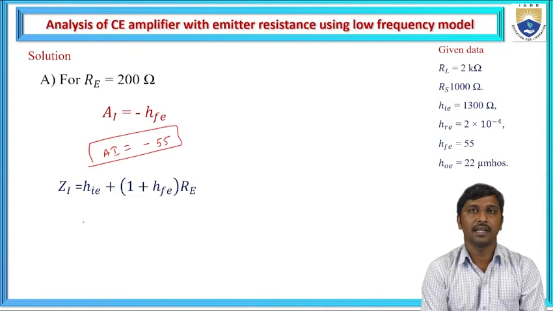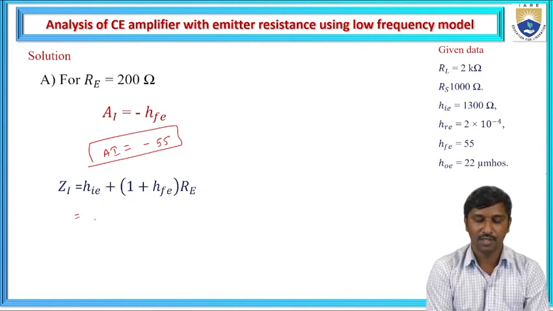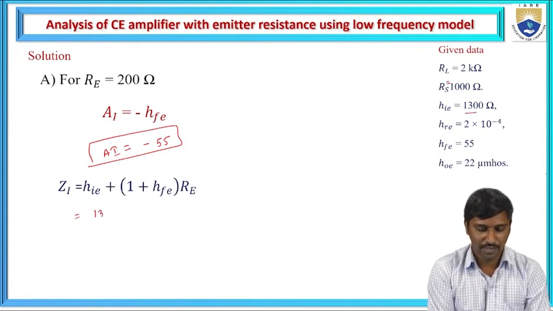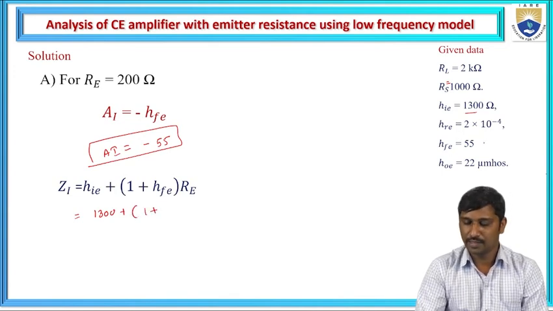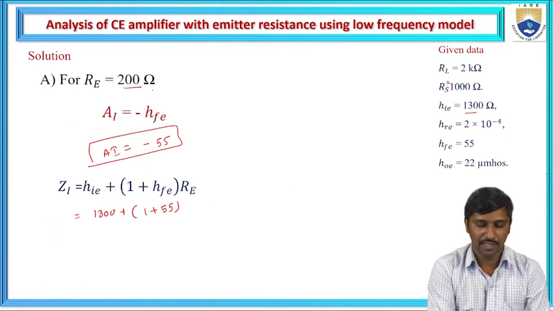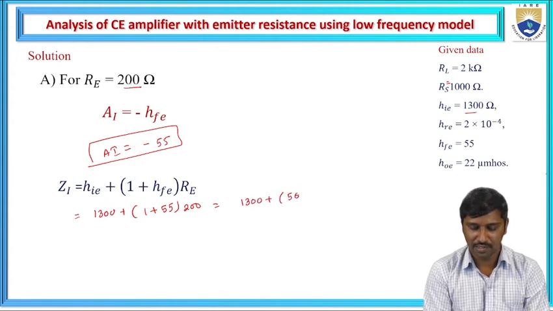Now we need to calculate the input impedance. From this approximate analysis, we observed that the input impedance is represented as hie plus (1 plus hfe) times RE. Now you can substitute the values. The hie value is 1300 ohms, so this is 1300 plus (1 plus 55), means 56, into 200.